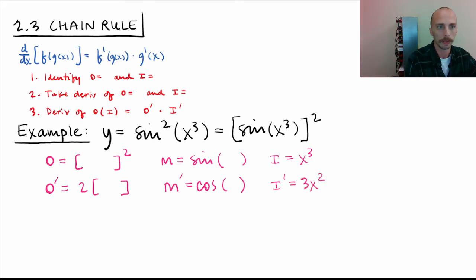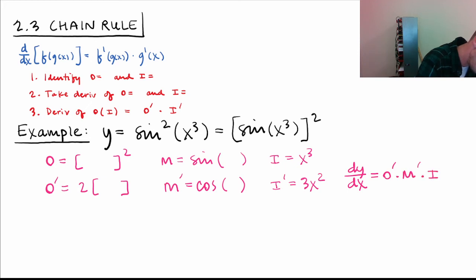So I need to multiply these all together to get dy dx, because I know dy dx is going to be outside prime multiplied by middle prime multiplied by inside prime. And we could do this with more middles than that, right? We could have as many layers as we want, really.